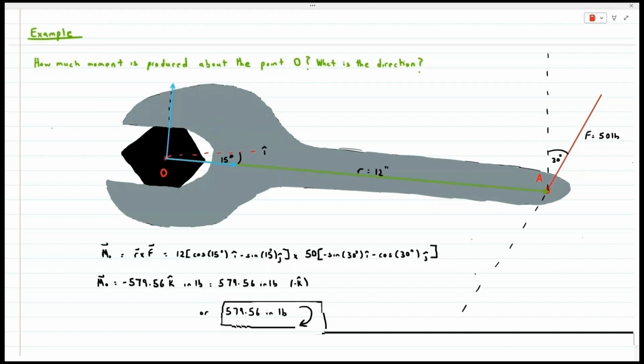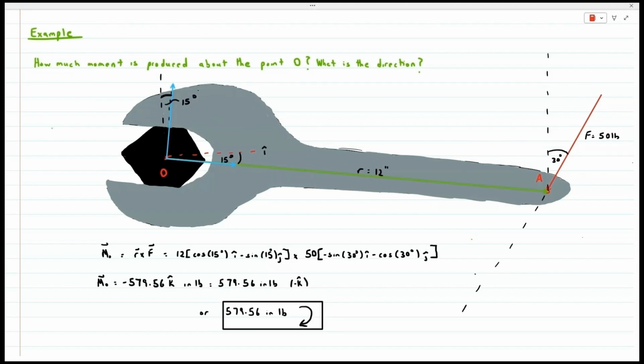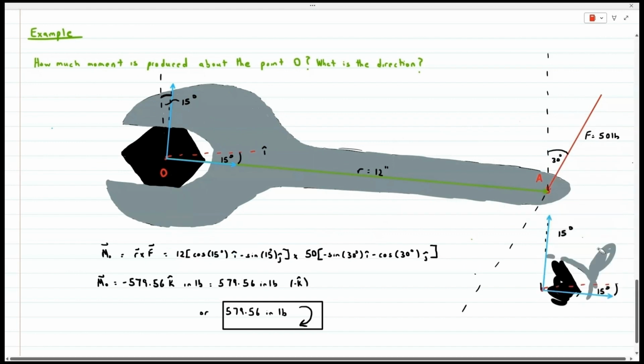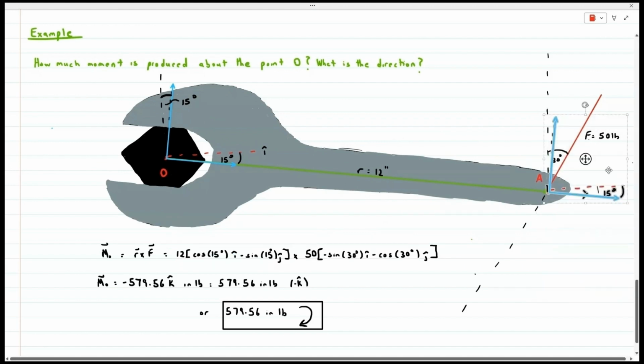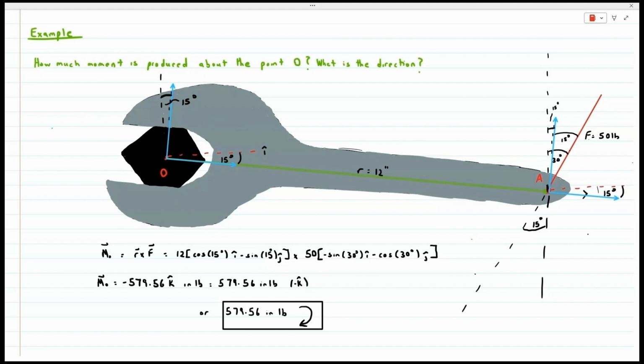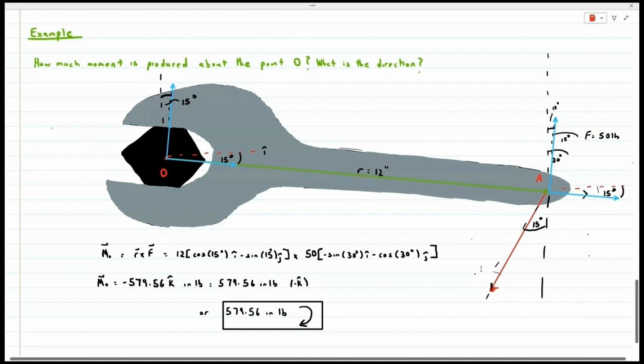This coordinate system is canted at 15 degrees from the vertical and the horizontal. If we wanted to break this force down, where its components are pointing parallel and perpendicular to this coordinate system, we can do so as shown. The parallel component would be F sine, while the perpendicular component would be F cosine, shown on screen here.